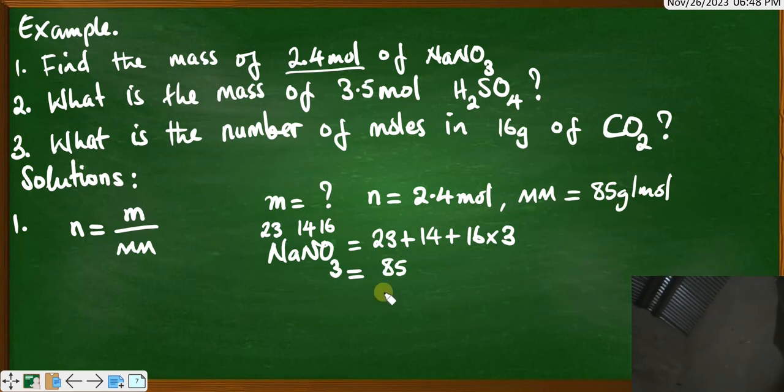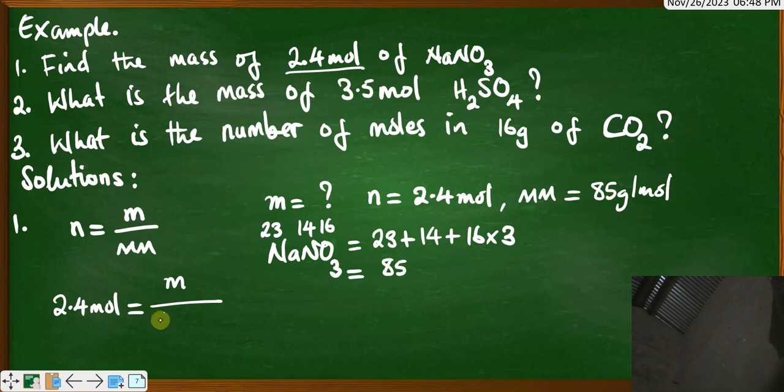So now we are going to substitute. Number of moles, we have 2.4 moles, is equal to mass, which we don't know, so we'll just put M as it is, over the molar mass, 85 grams per mole. Okay, so let me move to the next page, but I'll keep this data here.